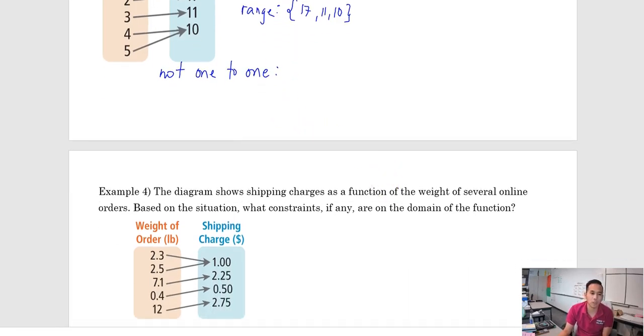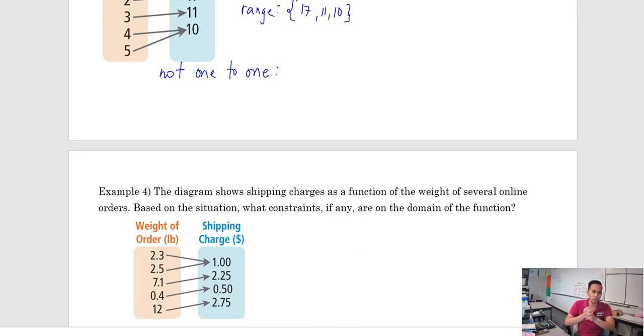Number 4. In the number 4 problem, the diagram shows the shipping charges as a function of the weight of several online orders.